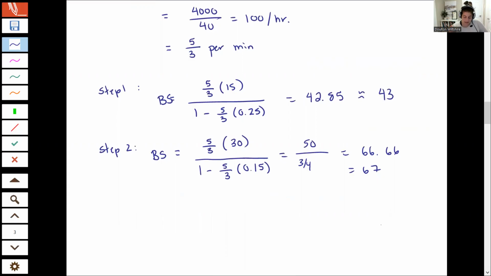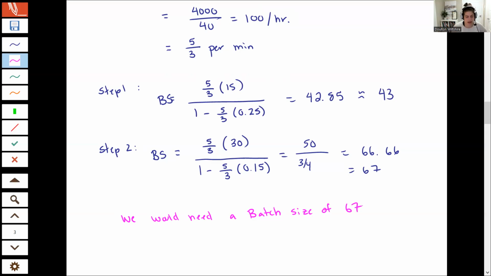And again, in order to meet the flow rate for the whole system, these are the minimum required batch sizes. Because we can only have one batch size for the whole process, we just have to pick the larger of the two. So in this question, we would need a batch size of 67.